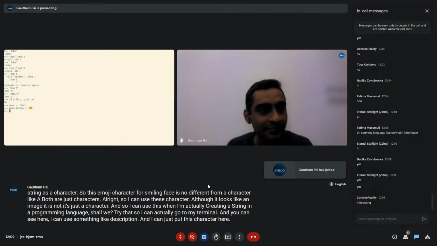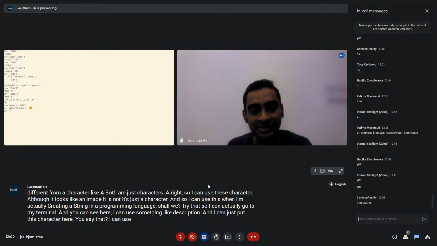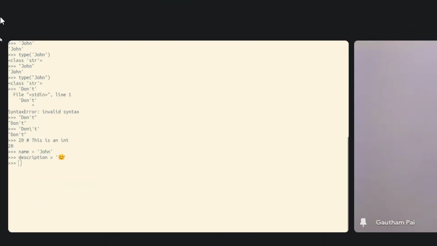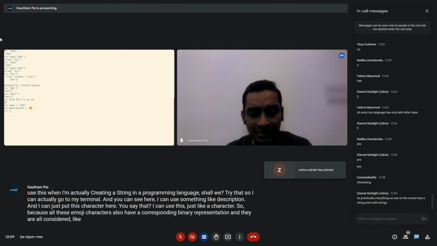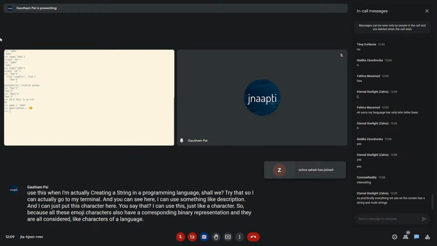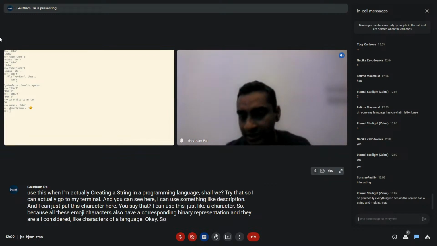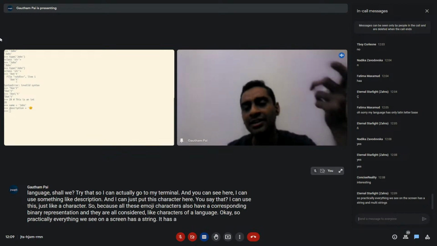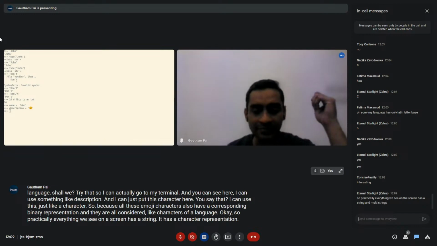You see that? I can use this just like a character, because all these emoji characters also have a corresponding binary representation and they are all considered like characters of a language. Okay. So practically everything we see on a screen has a string, a character representation. Yes. All right.